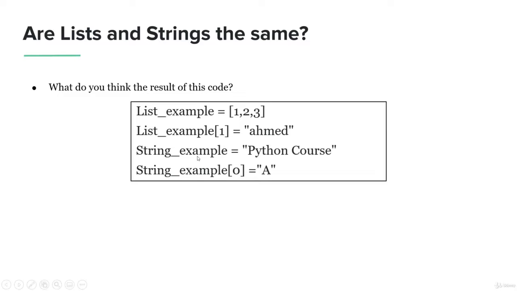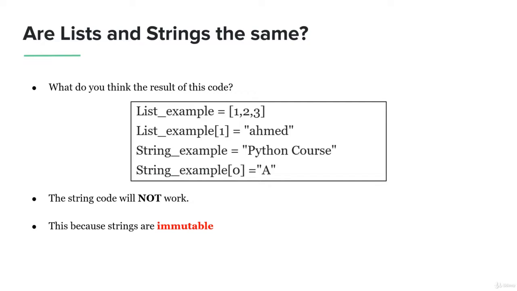Okay, now we have in the third line string example Python course, and we want to change the element number 0 to be A, right? So we want to change this P to be A. So can we do so? Will this code run? The string code, the third and fourth line, will give us an error, and we will see this when we go to the code. But the other code will run just fine.